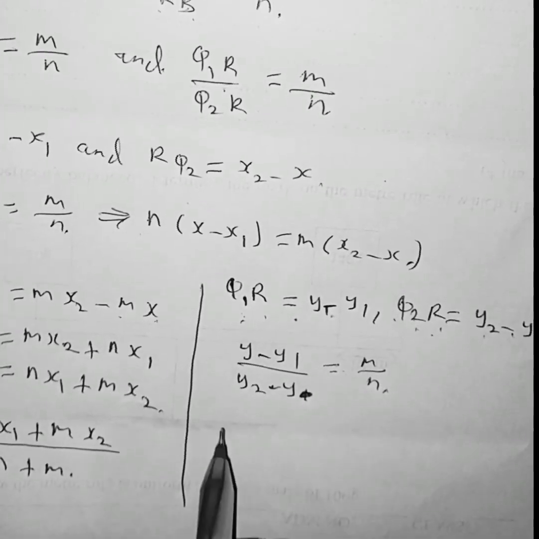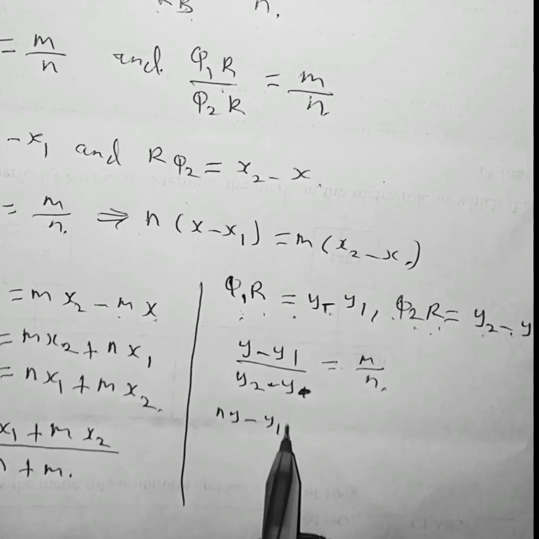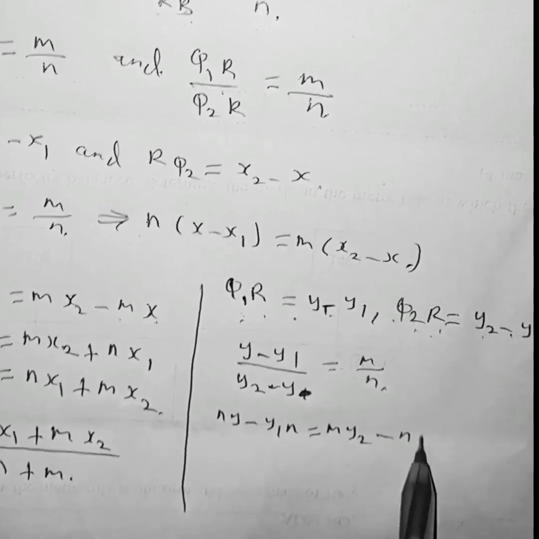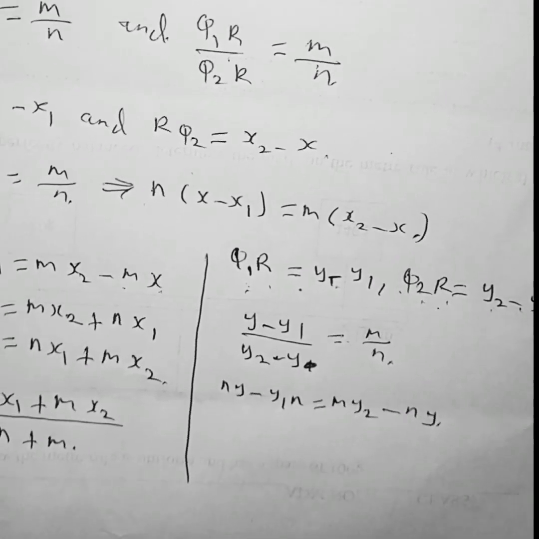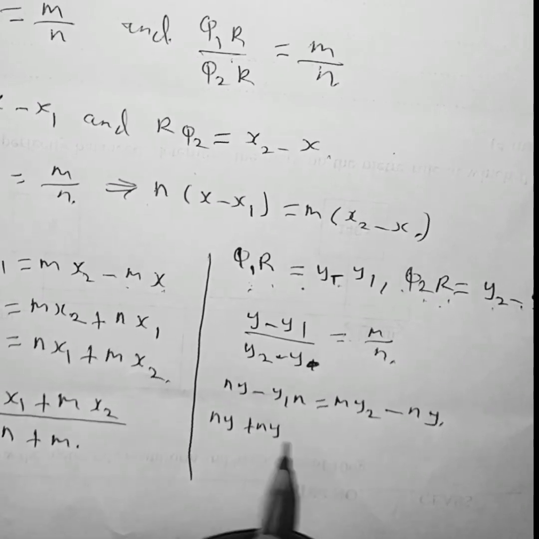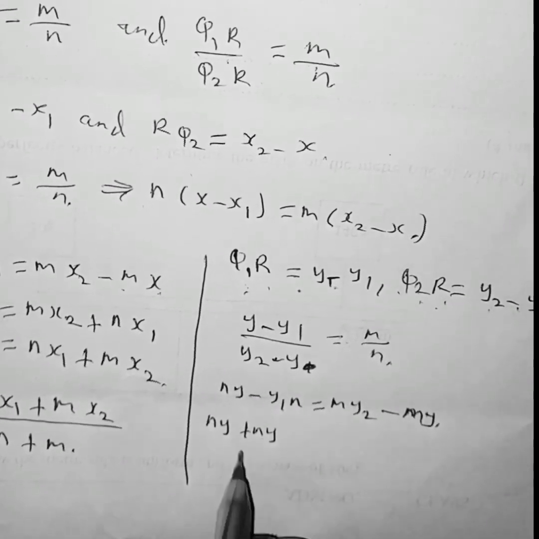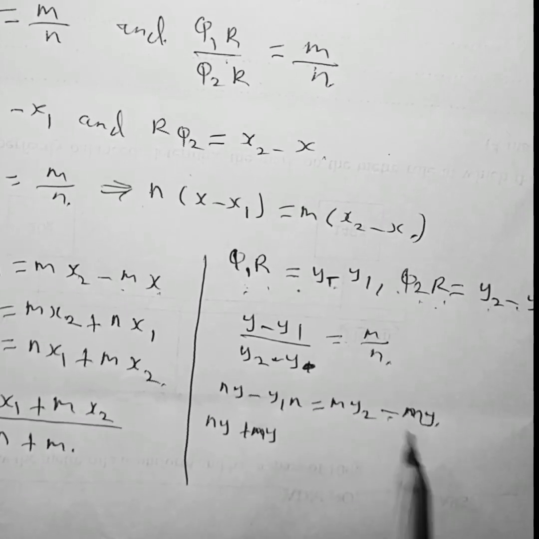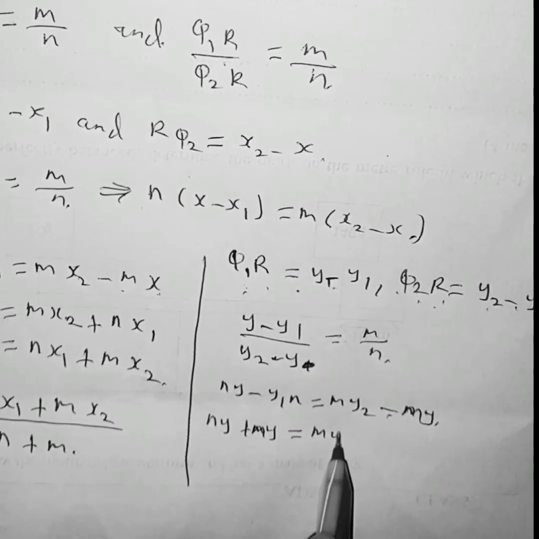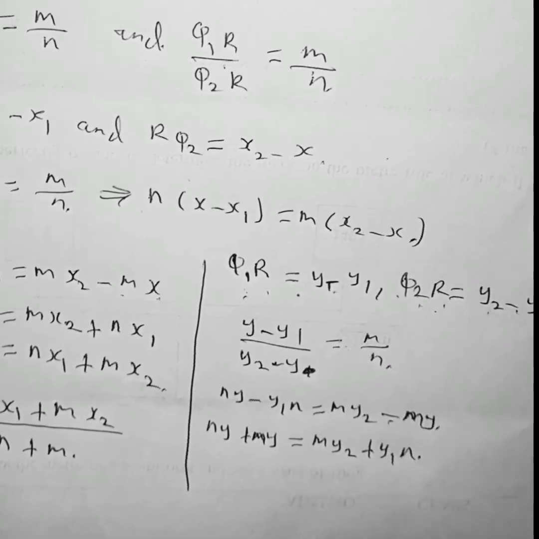We cross multiply, so we have ny minus y1 n is equal to my2 minus my. We group the terms with y together: ny plus my is equal to my2 plus y1 n.